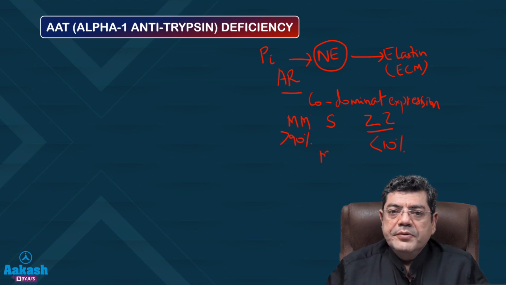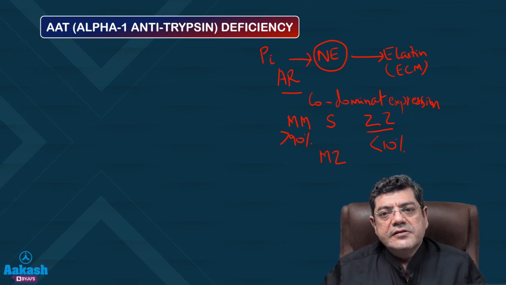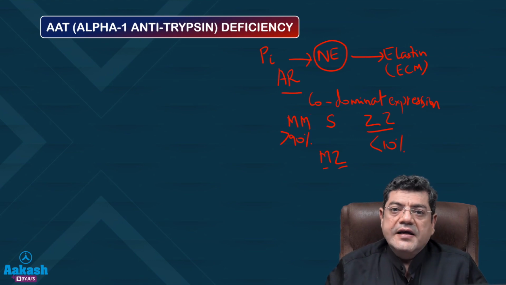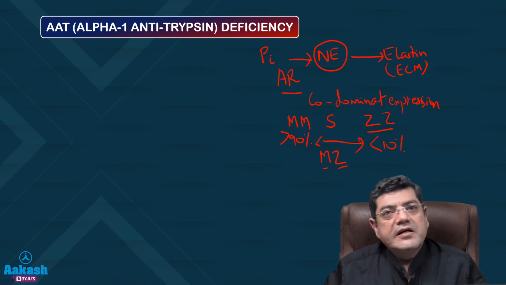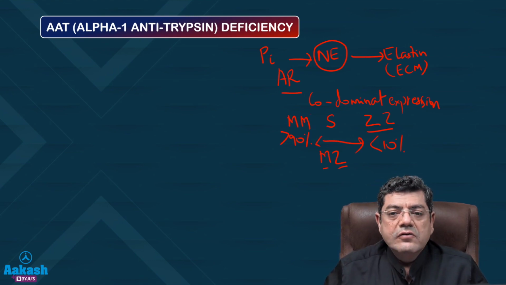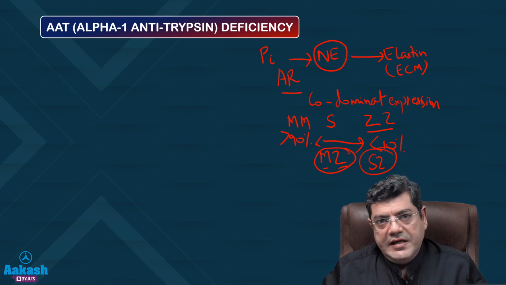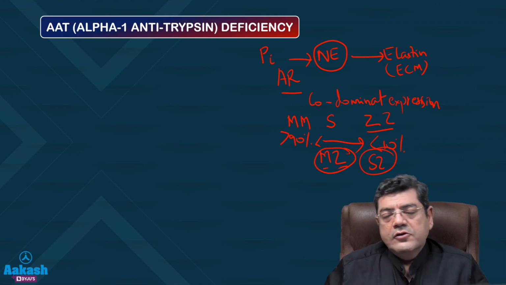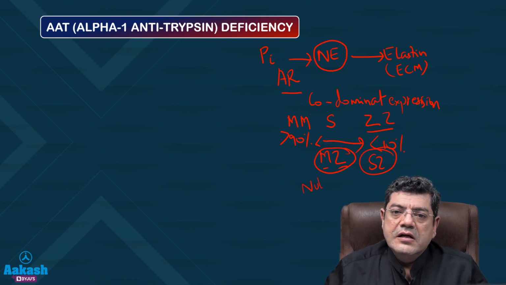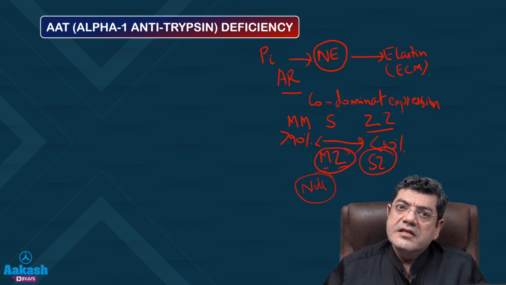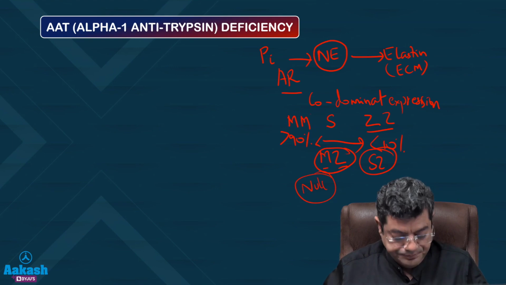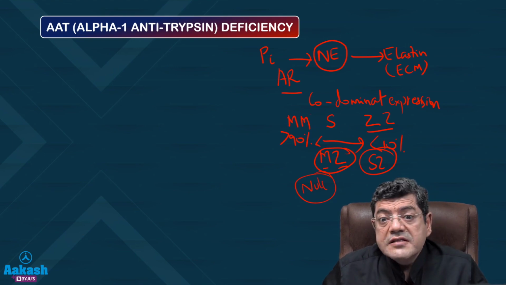Someone with PIMZ alleles, one M and one Z, will have expression somewhere between 10 and 90, and they would have a much milder phenotype compared to someone with SZ, right? I hope you understand what codominance means. There is also something called a null allele, which means these patients will not synthesize alpha-1 antitrypsin at all. Okay, so how does this manifest?